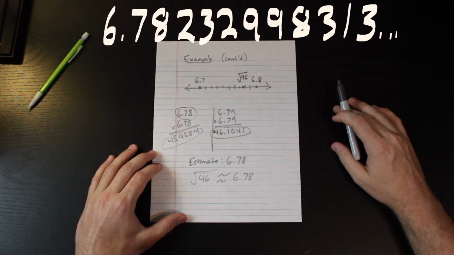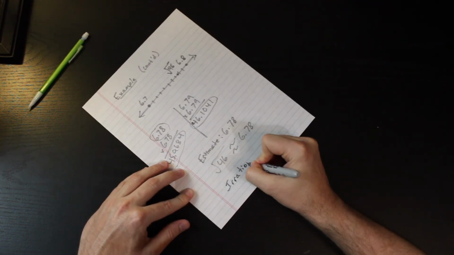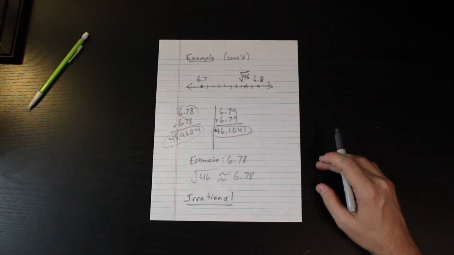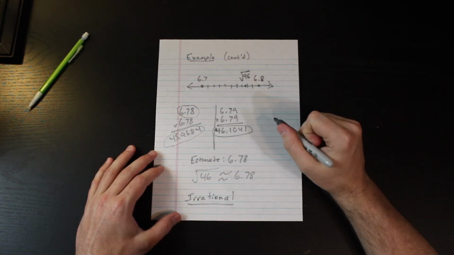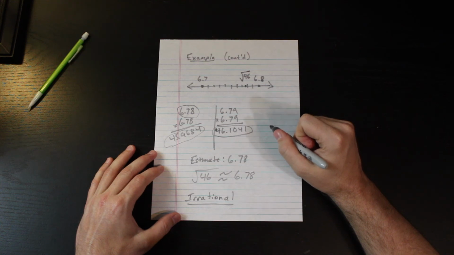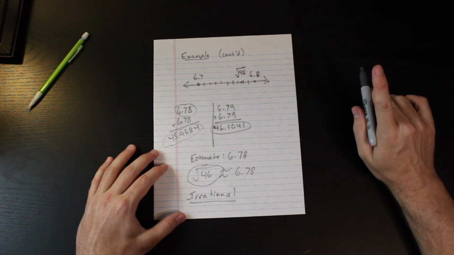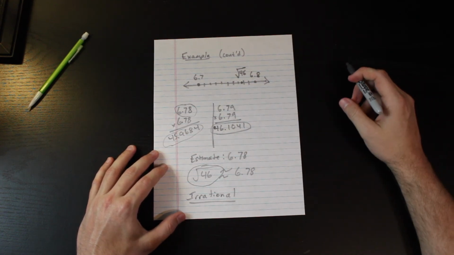That's because the number is irrational. If you've forgotten about irrational numbers, go back over lesson 86 in your textbook. Irrational numbers cannot be expressed as either a decimal or a fraction. So if we want our answer to be exact, we must leave it as the square root of 46. Otherwise, we estimate to whatever decimal place the problem asks of us.